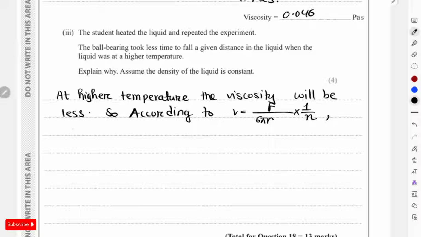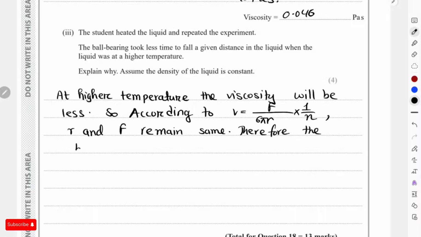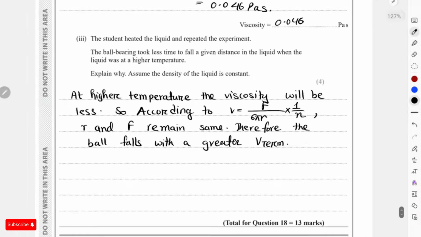So we're just going to write that r and drag force, or F, remains same. Therefore, v, like the ball, must now travel with a greater terminal velocity. v term, right?